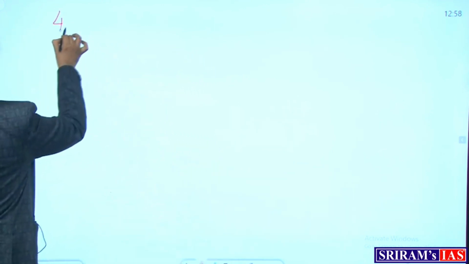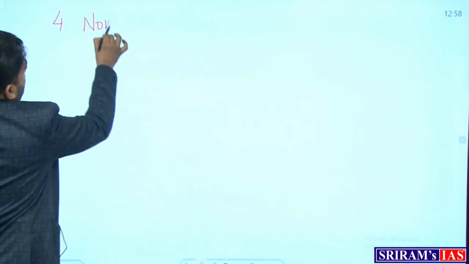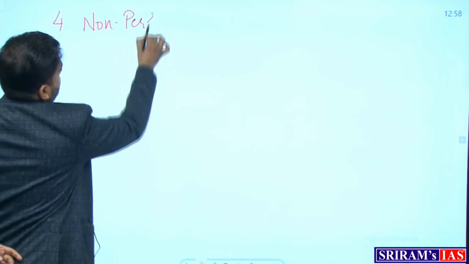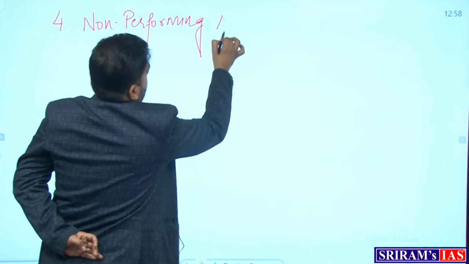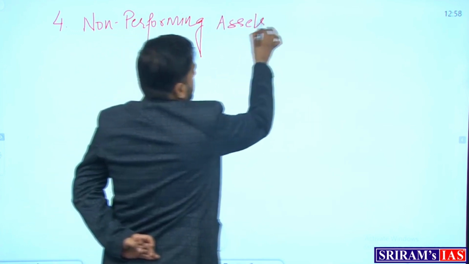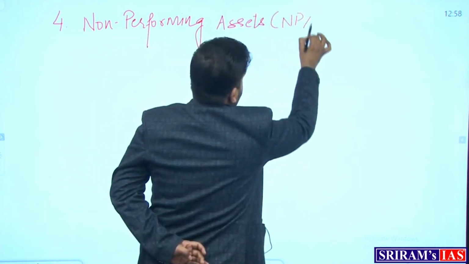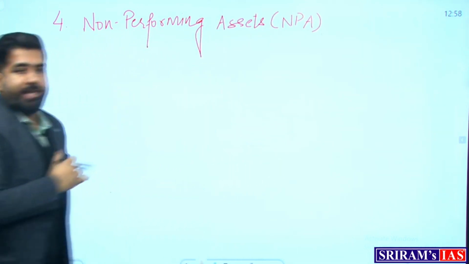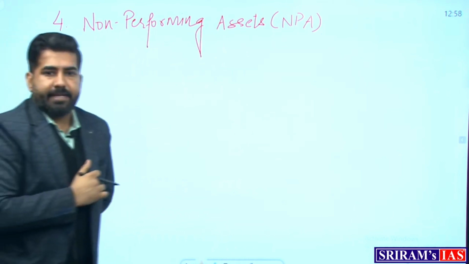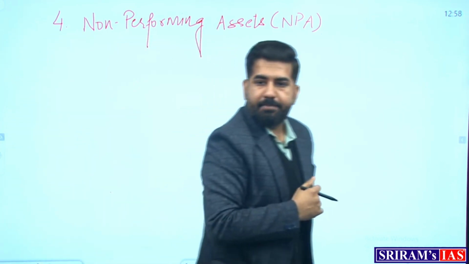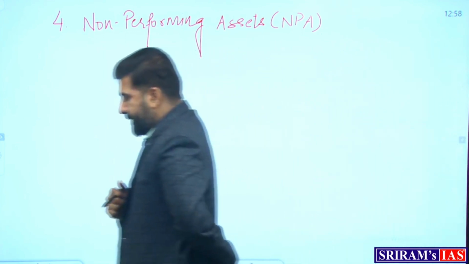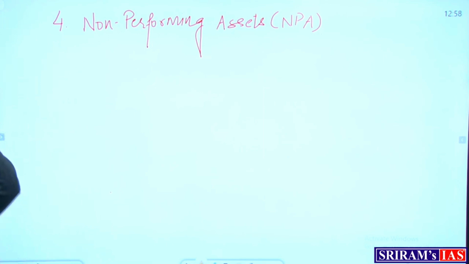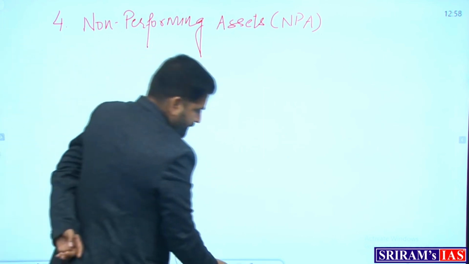Now fourth, another very important part, the third part of the banking system that I cover: non-performing assets, NPA. In that diagram you will see we have completed each and everything except NPA. Clear? Now you see the bank has given a loan.